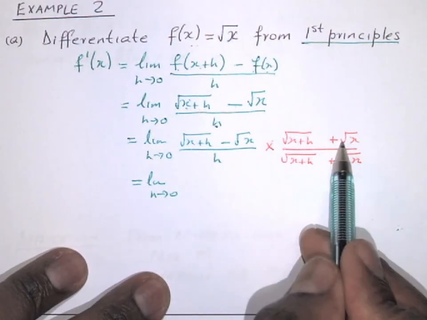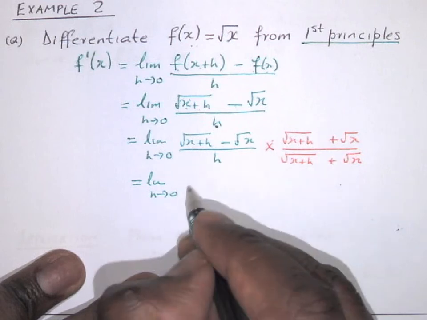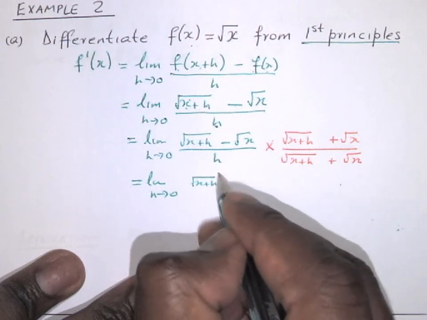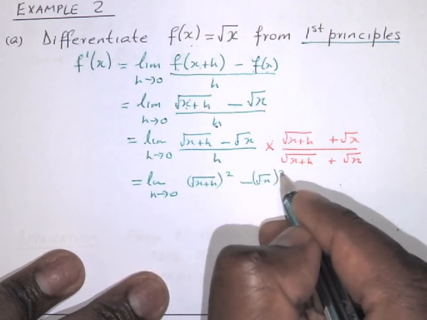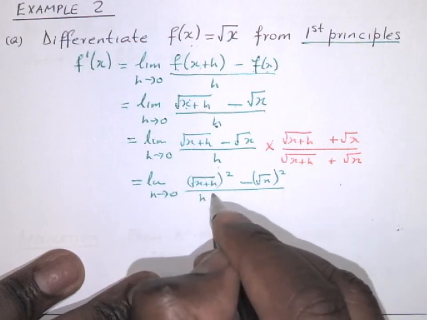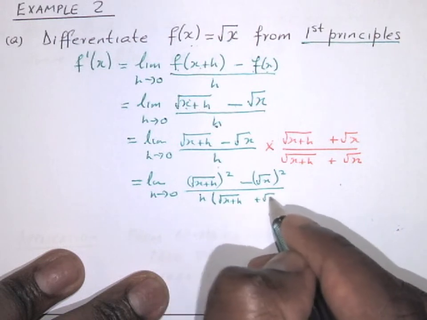So it's the limit as h approaches 0. Now the numerators are the factors of a difference of two squares, so it becomes the square root of x plus h, squared, minus the square root of x, squared. All over this one, I leave it as it is, so it's h times the square root of x plus h plus the square root of x.